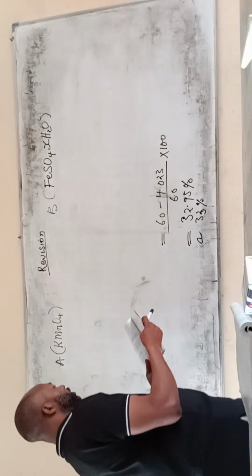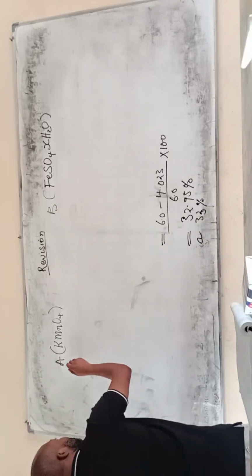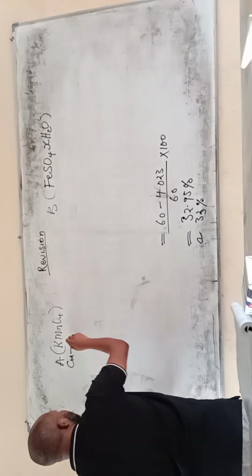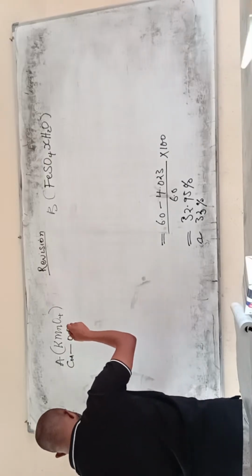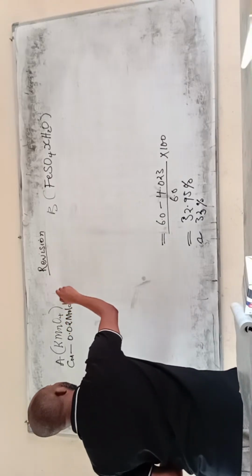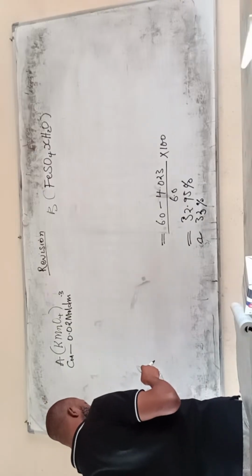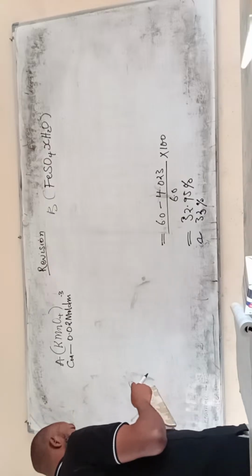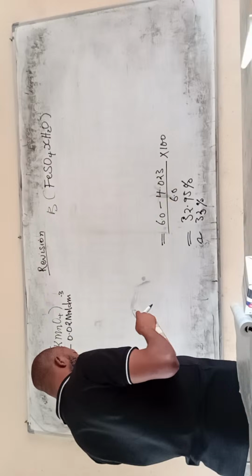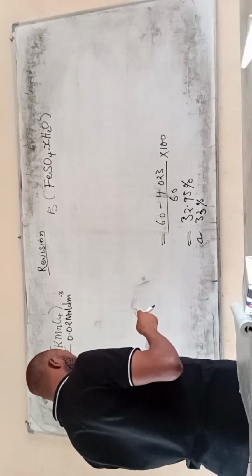Now, concentration of the oxidizing agent is given to be 0.02 mole per dm³. Put 0.02 mole of KMnO4 in the burette.